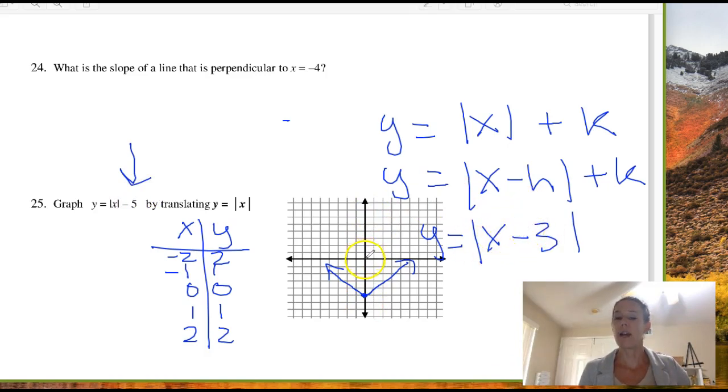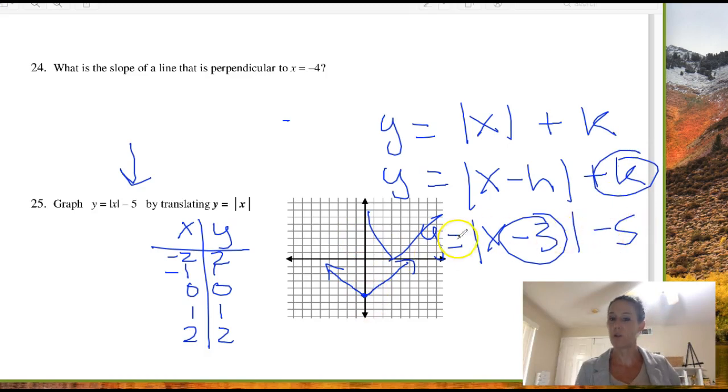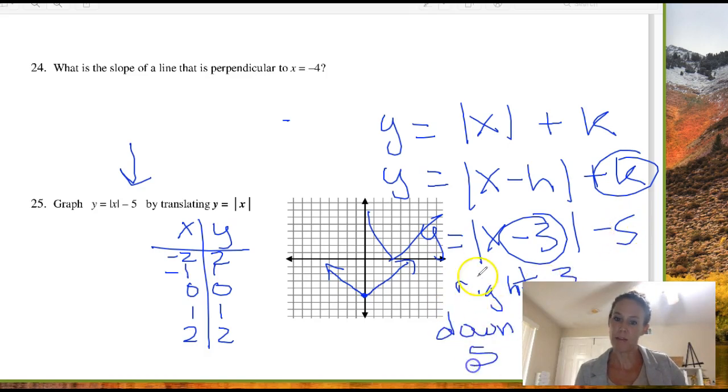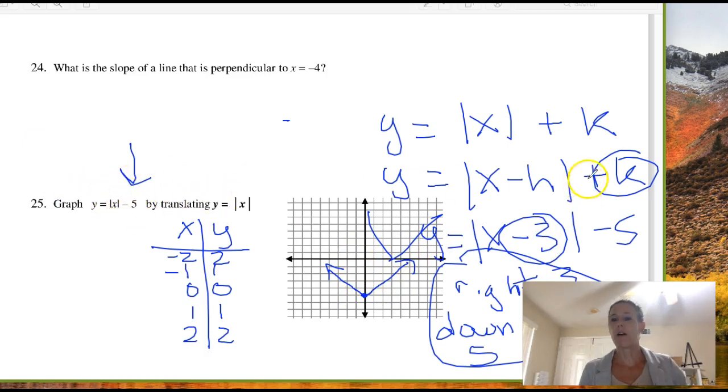So if I shift x minus 3, I actually go right 3. 1, 2, 3. It would look like this. So this is opposite. This is straightforward. -5, that means down 5. So this graph would be right 3 and then down 5. Make sure you're aware of that. That goes down 5, and that one will go right 3. This only asks us to go down 5. I was just reviewing that.